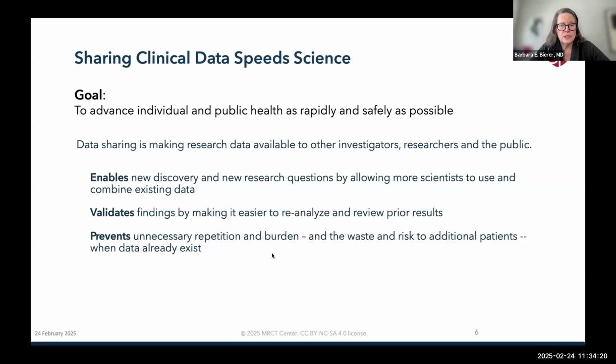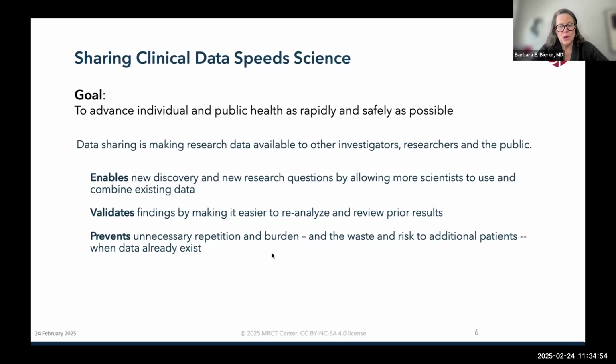And it enables new discovery and new research questions by allowing more scientists to use and combine existing data. And it validates findings of individual researchers that have made their data available, so that others can reanalyze and review prior results and extend those prior results. It also prevents unnecessary repetition and burden, the risk and waste to additional patients when the data already exists.